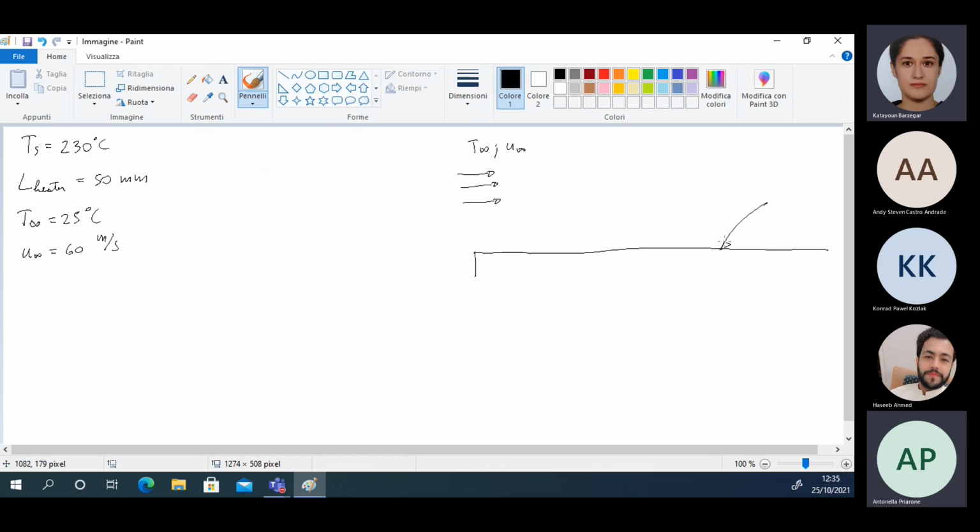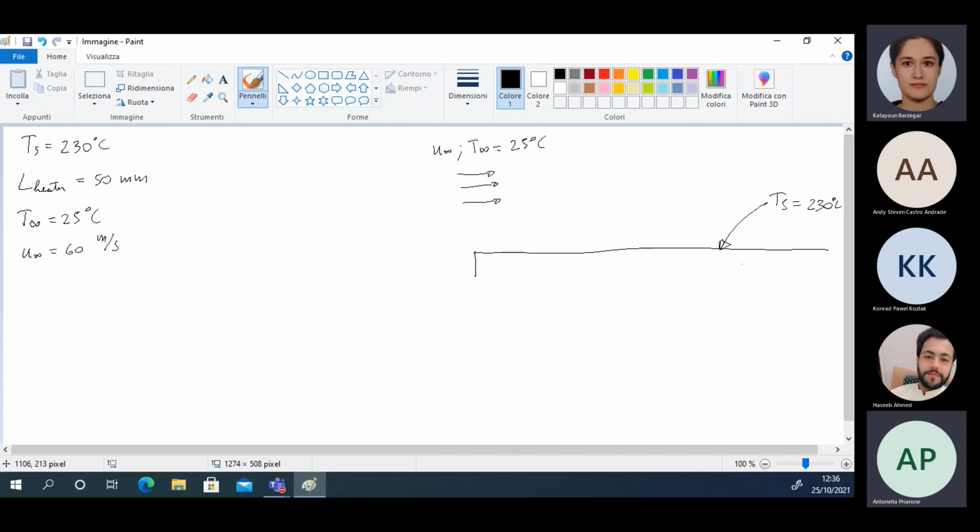The temperature wants to be maintained at 230 Celsius degrees. T infinite is 25 Celsius degrees.